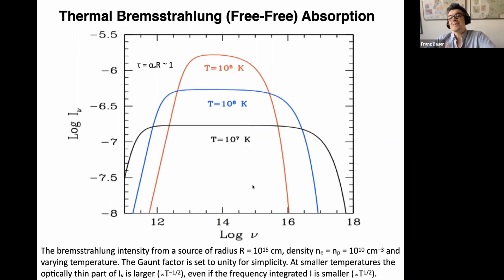At some point, you can no longer generate Bremsstrahlung from a relatively low temperature gas, which also physically makes sense: once you have a low temperature, you will have the atoms, the protons, and the electrons bound. So again, it physically makes sense.